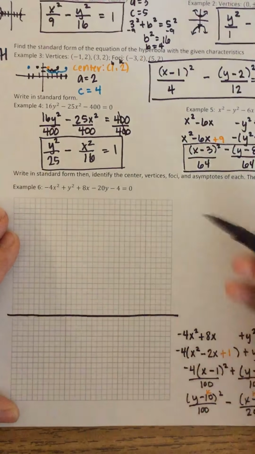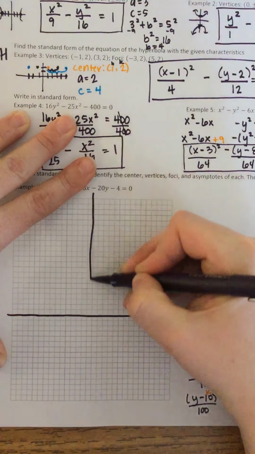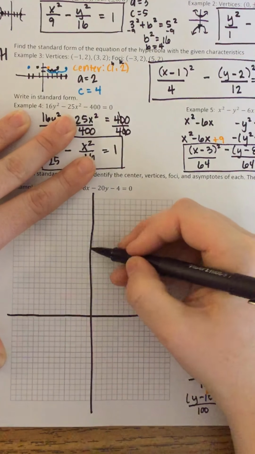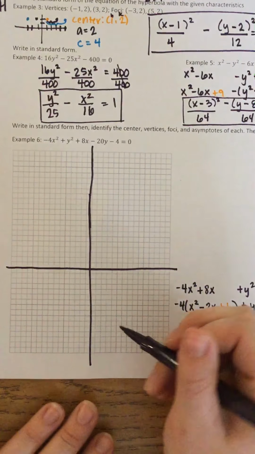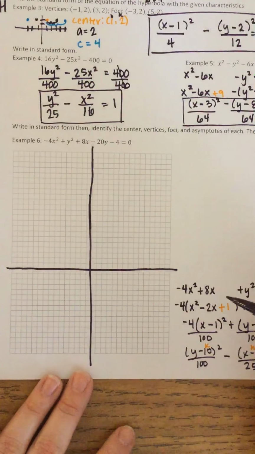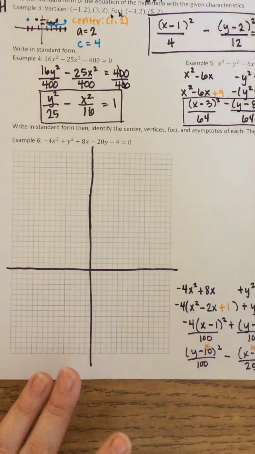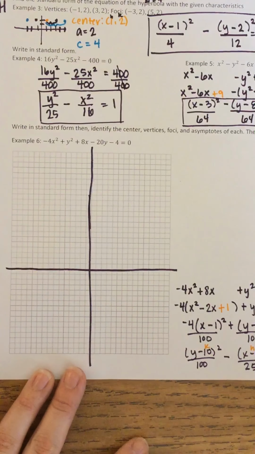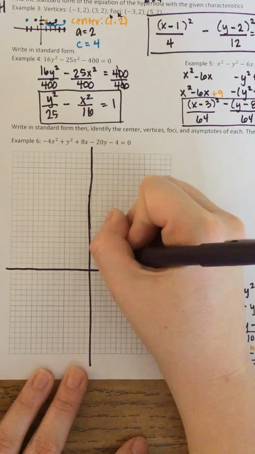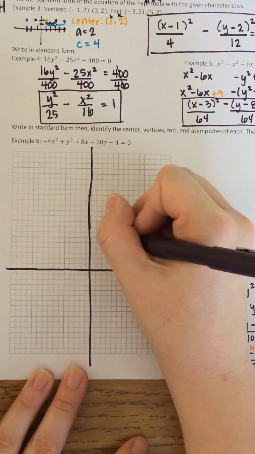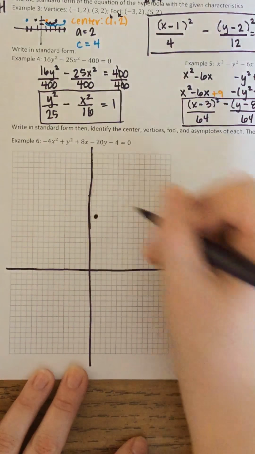So I'm just going to choose a line to make my axes. I made it further down than up because we're going to be going up and down 10 from 10, so I want to make sure I have enough room. So 1, 2, 3, 4, 5, 6, 7, 8, 9, 10. There's my center.